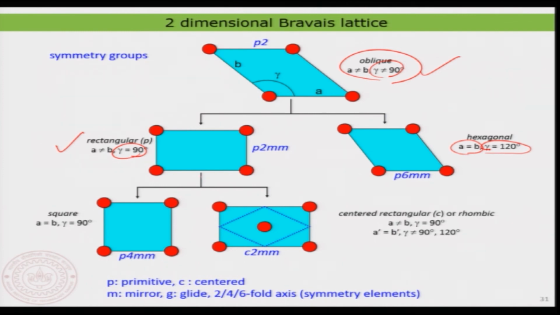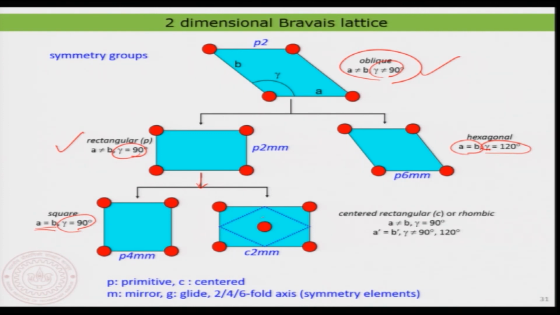Now, from the rectangular unit cell, you can create 2 different types. Keeping gamma at 90 degrees, same as in the rectangular, but now with A equal to B, you come to the square lattice.